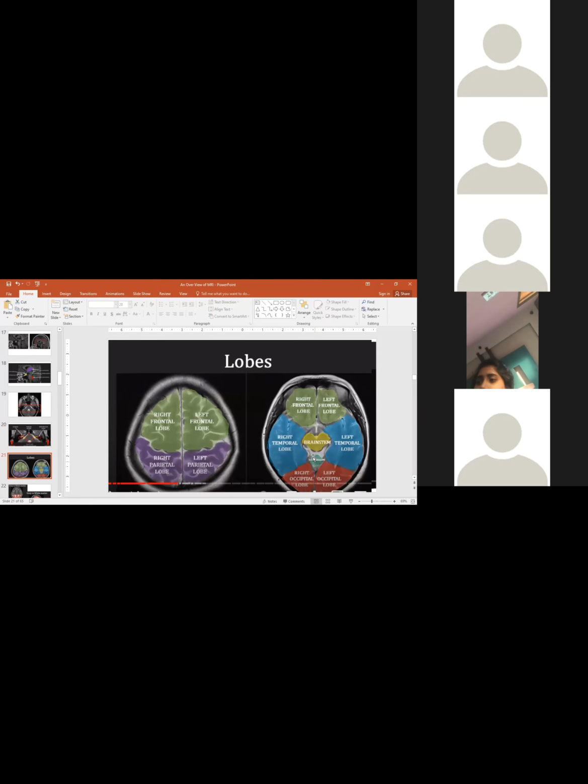The anteriormost part of the cerebellum is peeping in between the right and left occipital lobes of the cerebrum. So this is the right temporal lobe, this is the left temporal lobe. So we are seeing all lobes, frontal, parietal, temporal, and occipital in various sections of the MRI axial section of the brain.